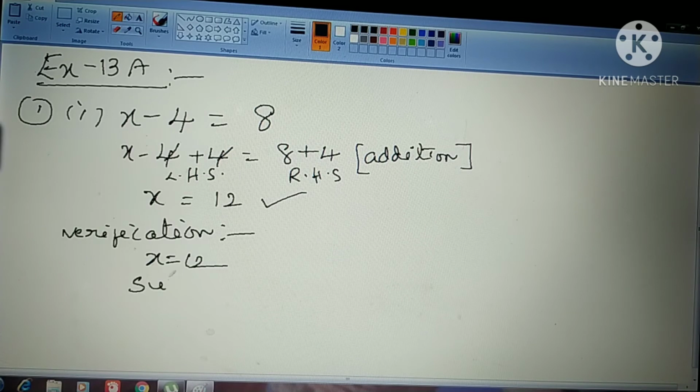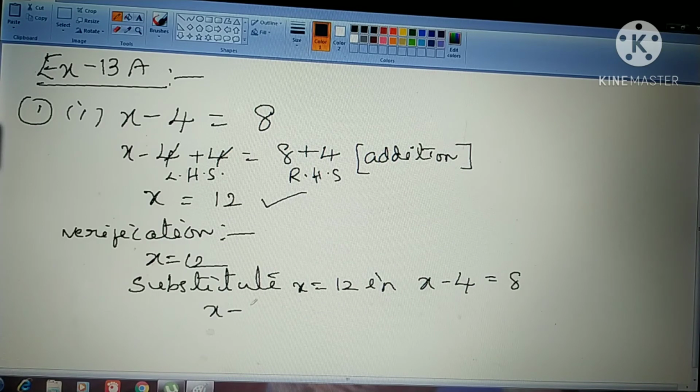Substitute x equal to 12 in the given equation, x minus 4 equal to 8. So 12 minus 4, what is that? 8. That is equal to 8. So LHS is equal to RHS.